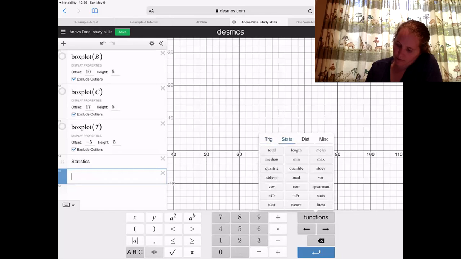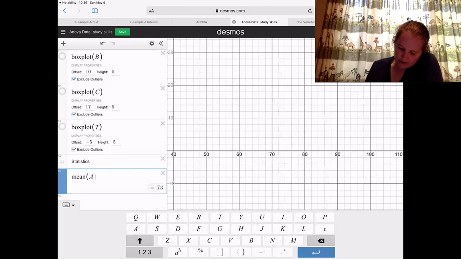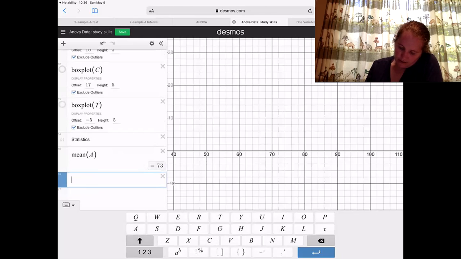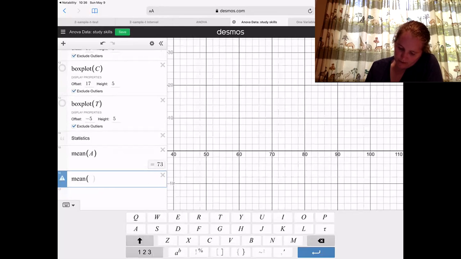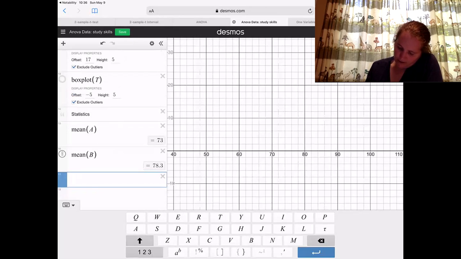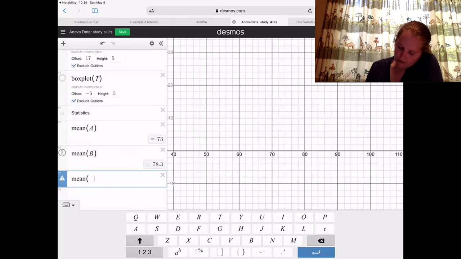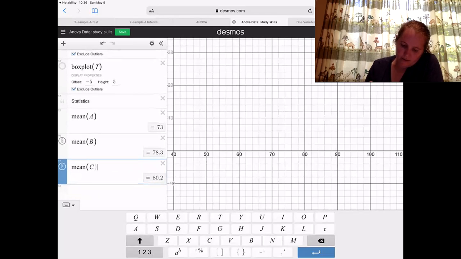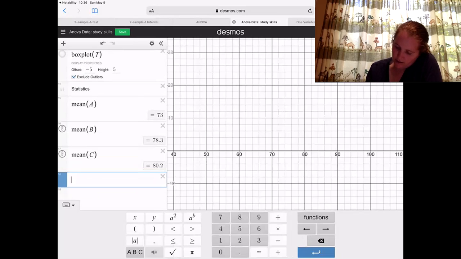So let's go to the mean of A and the mean of B and mean of C. And then let's do the sample standard deviation.